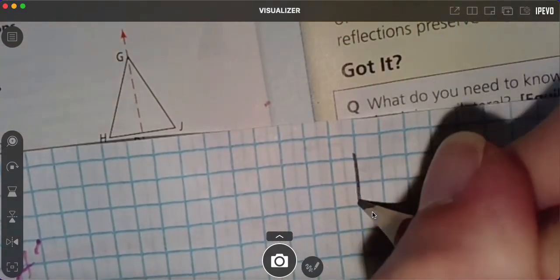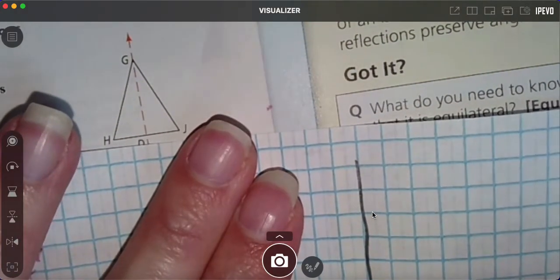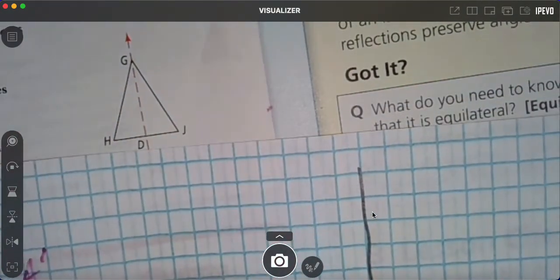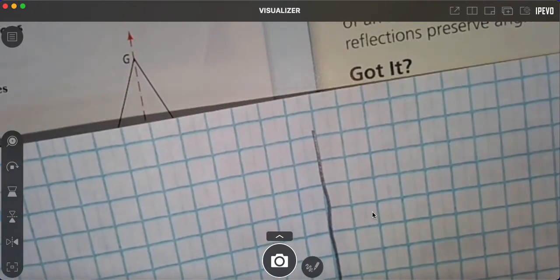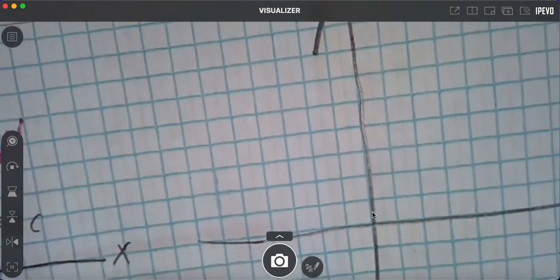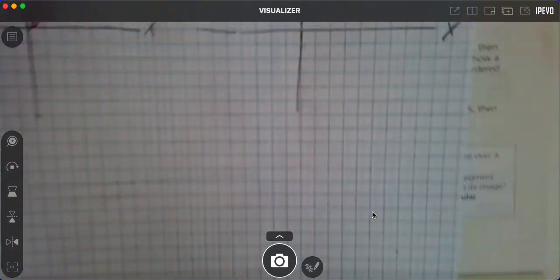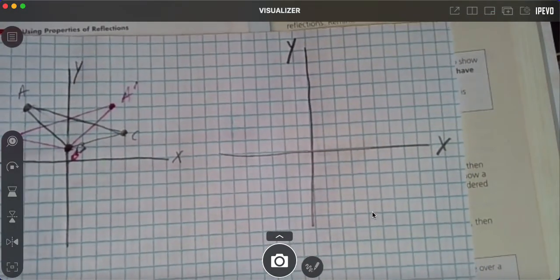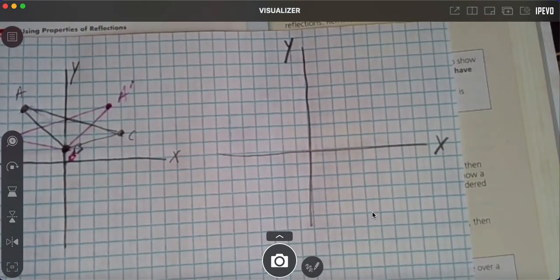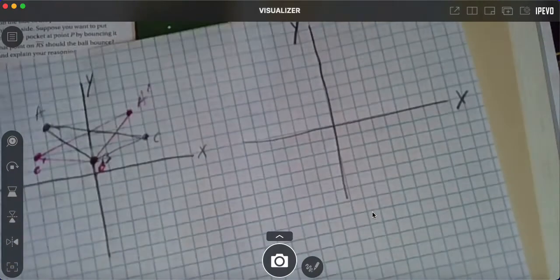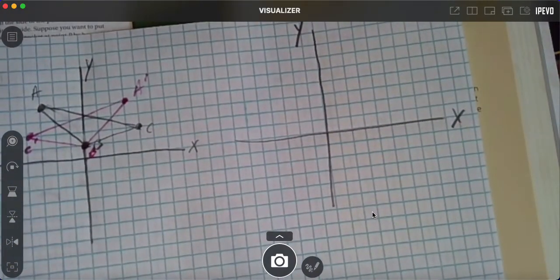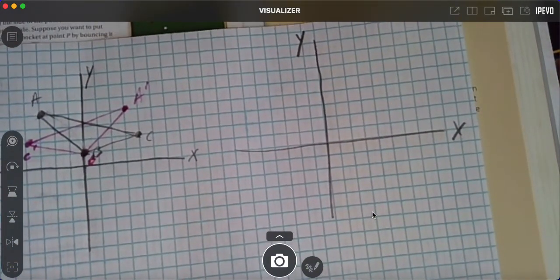I'll draw, and I'm going to give you some graph paper in a second. I'll draw my y-axis and my x-axis on my paper. Okay? And then I'll zoom out a little bit more. It tells me my ordered pairs are, let me find one, 1, 4.